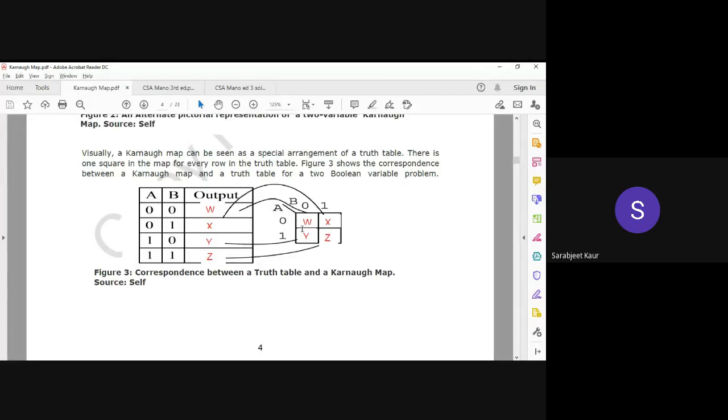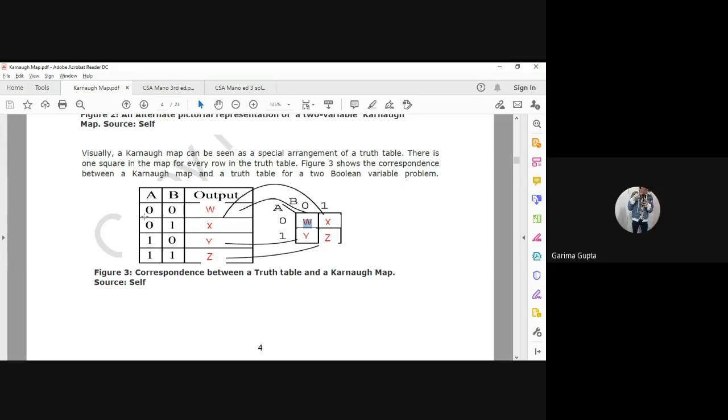So the first cell will represent the row where A is equal to 0 and B is equal to 0. Can you see this? So whatever is the output for A0, B0, we write in this cell. Is this clear?